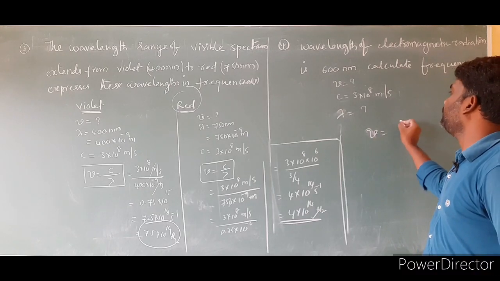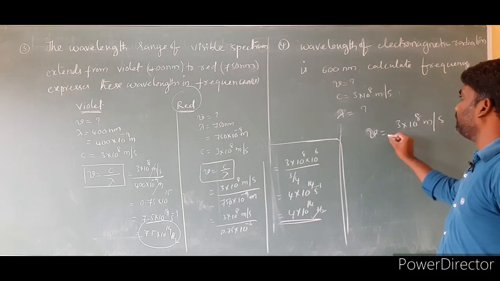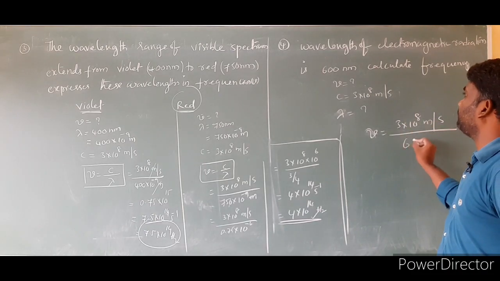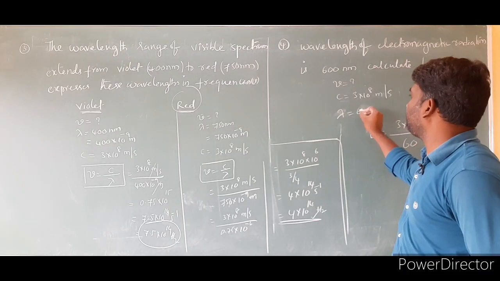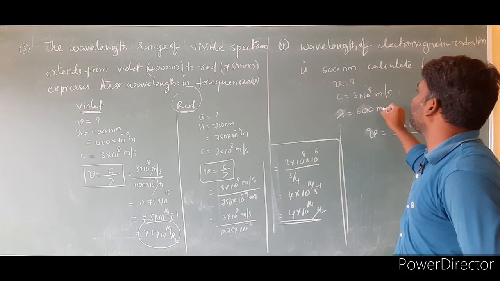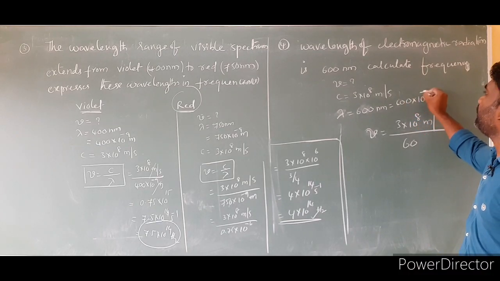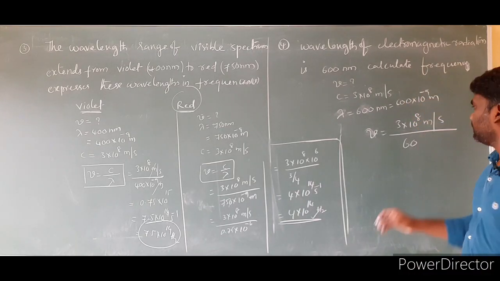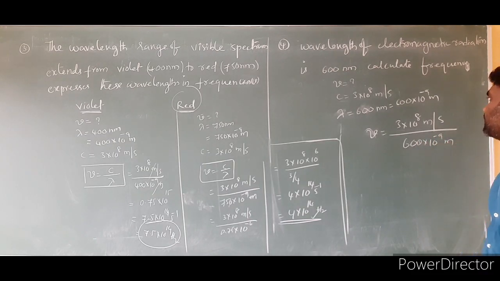Nu is equal to 3 into 10 to the power of 8 meter per second by lambda, and lambda is given as 600 nanometers, that is equal to 600 into 10 to the power of minus 9 meters.